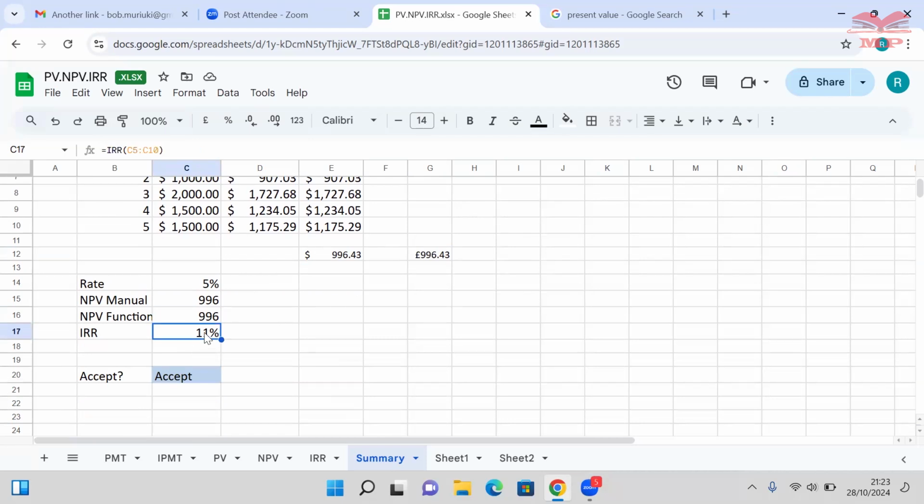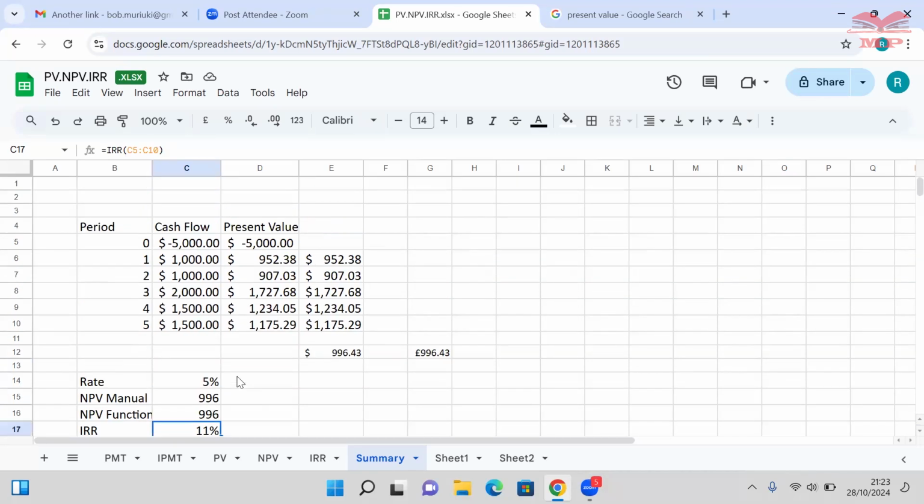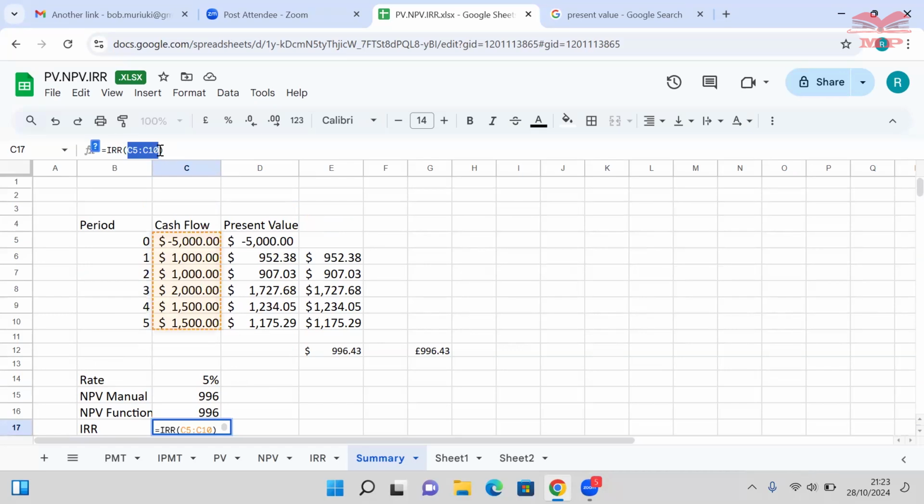IRR, like we have said, you will just write IRR, the function, then highlight all the values, including the invested amount. That's the difference. With NPV, you're only highlighting the expected cash flows and adding the invested amount outside of the brackets.